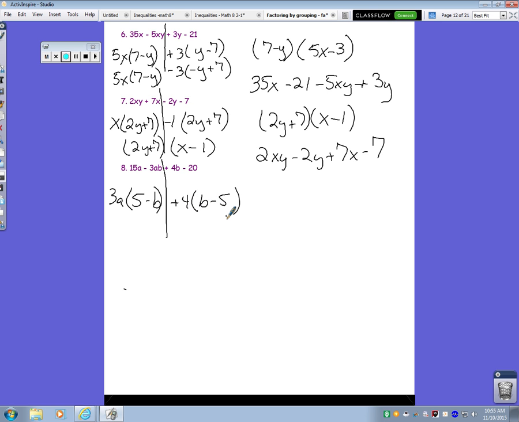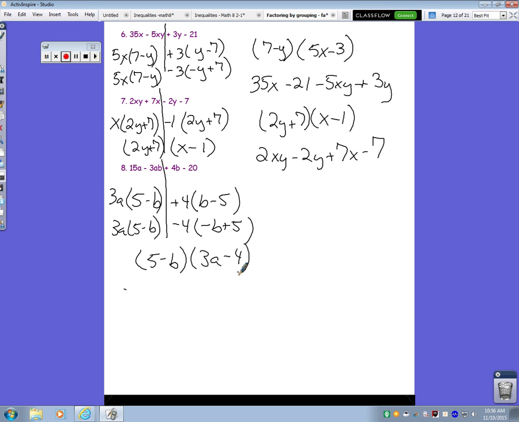Again, we have this issue where it's opposite signs in the parentheses. So we're going to change the plus 4 to a negative 4, and make it negative b plus 5. And again, because the signs are the same, they are identical parentheses. So 5 minus b is one set of parentheses, and what's outside of the identical parentheses is the other set.